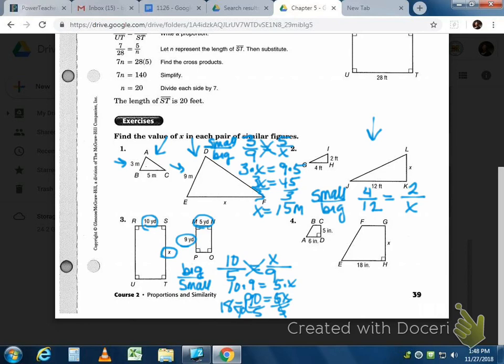Even if it's flip-flopped, if you had 12 over 4 and x over 2, that's good, or if you had 2 over x equals 4 over 12, that's good. Now you cross, cross. So 4 times x equals 12 times 2. 4x equals 24, and divide by 4. How much is this? 6 what? Feet. 6 feet. All right, good job.